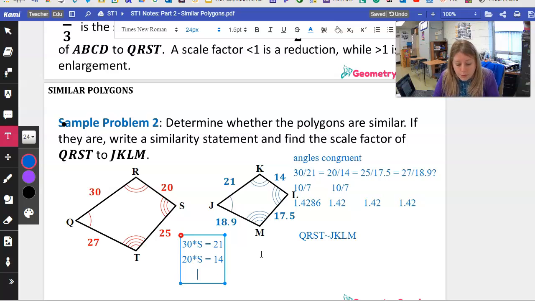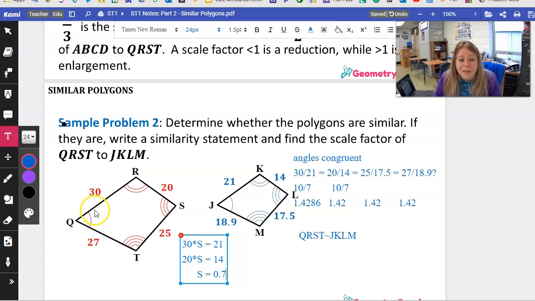So if I divide both sides by 20, I get S equals 14 divided by 20, which is 7 tenths. 7 divided by 10, or 0.7.